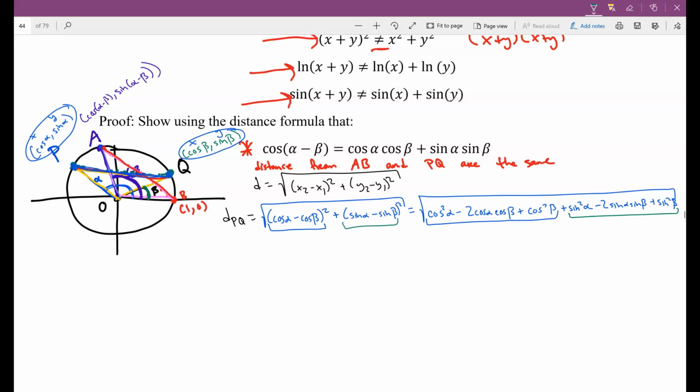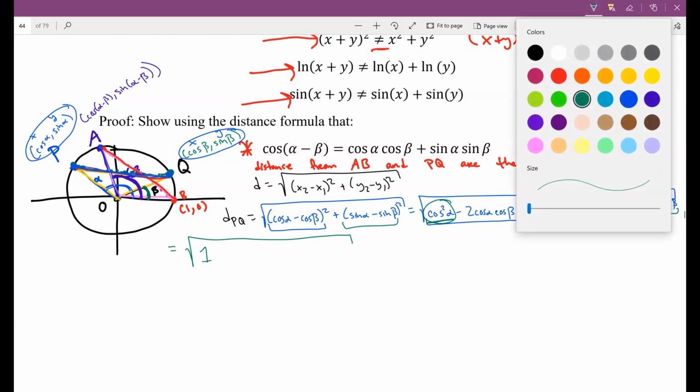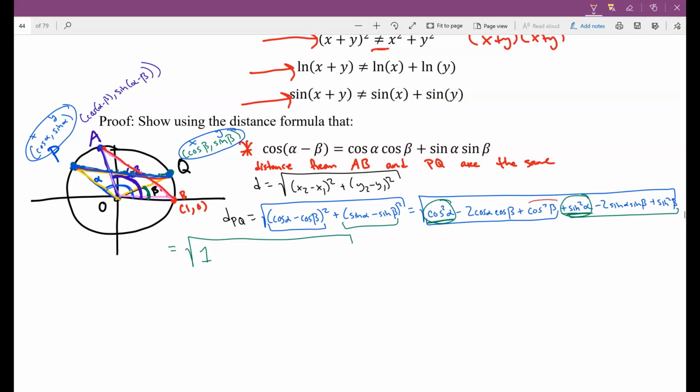Now I'm going to combine a couple of the square terms, because then you'll see that I can use the Pythagorean identities again. I can group these guys. We know that cosine squared alpha and sine squared alpha, that's the Pythagorean identity, and that's just going to give me a 1. Let me choose another group: the cosine squared beta and the sine squared beta.